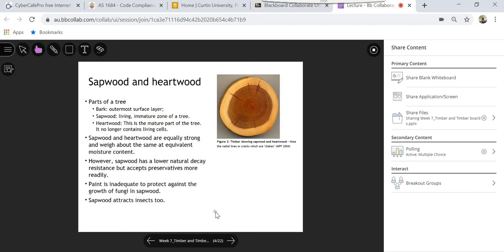So as a conclusion, although sapwood and hardwood are equally strong, we prefer hardwood because of other reasons like durability and being less susceptible to insect attacks, which is a good thing.